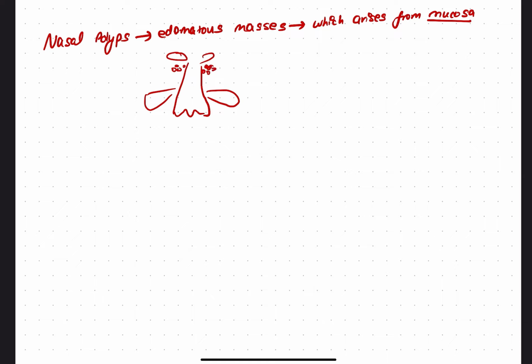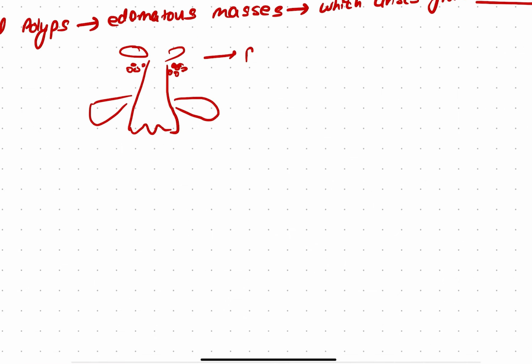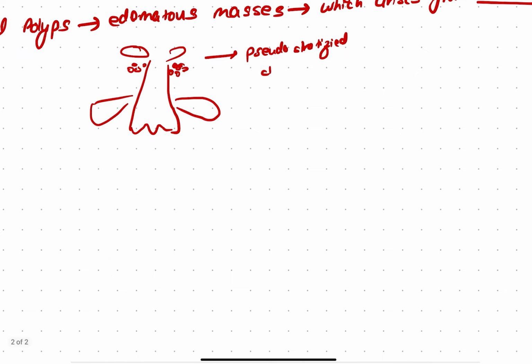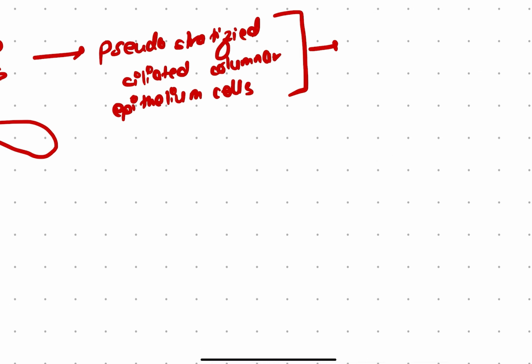We know the nasal mucosa and those paranasal sinuses are covered by pseudostratified ciliated columnar epithelium cells. When this mucosa is inflamed, it starts to grow.